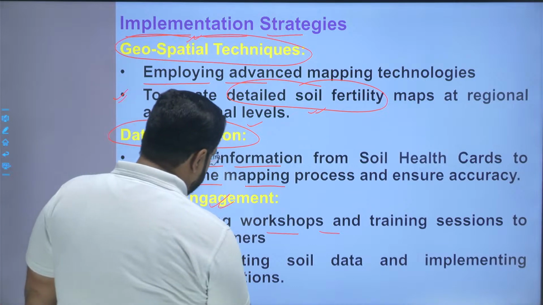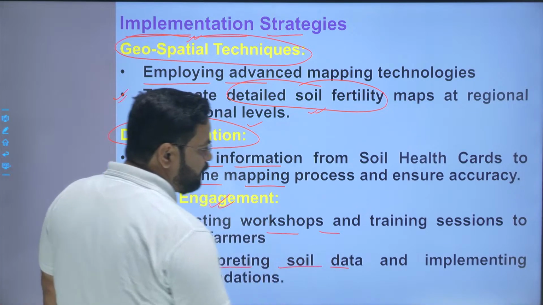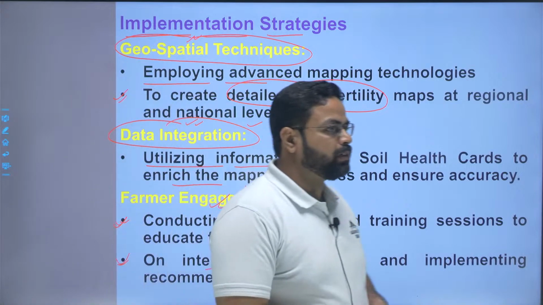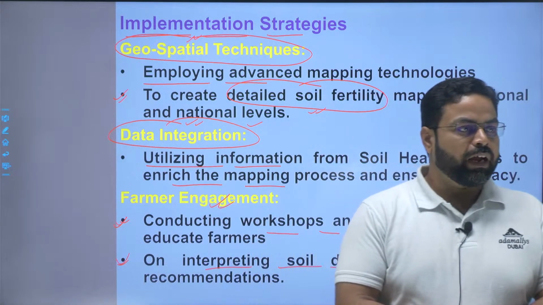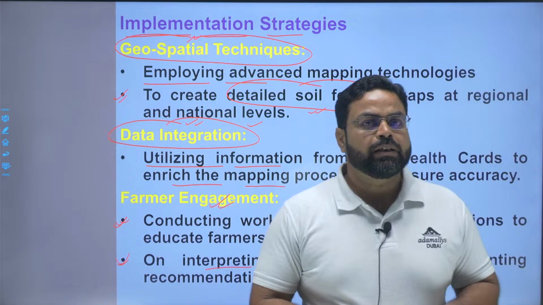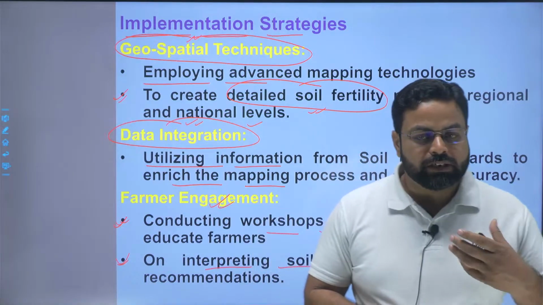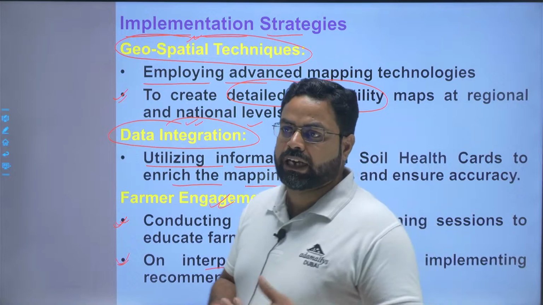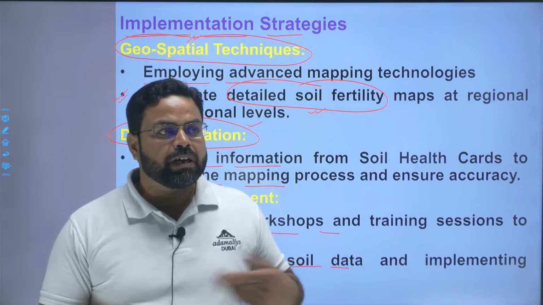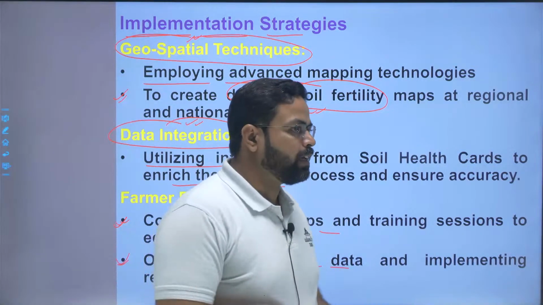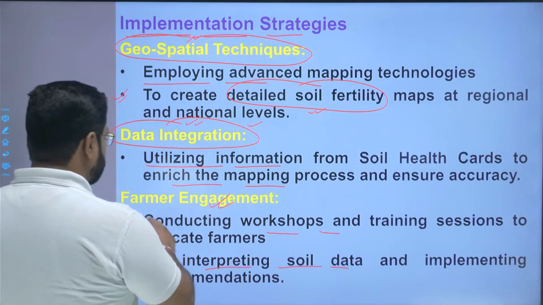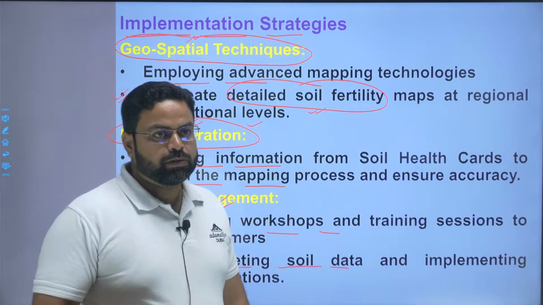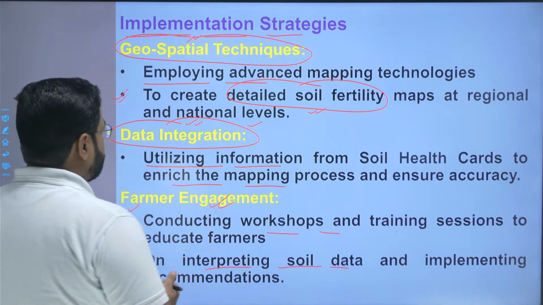Thereafter, they will be taught how to interpret the soil data and implement the recommendations, and how they can use that information for their benefit, for a scientific and sustainable agricultural practice in their field. So this education and information will be provided to the farmers through training and workshop sessions.